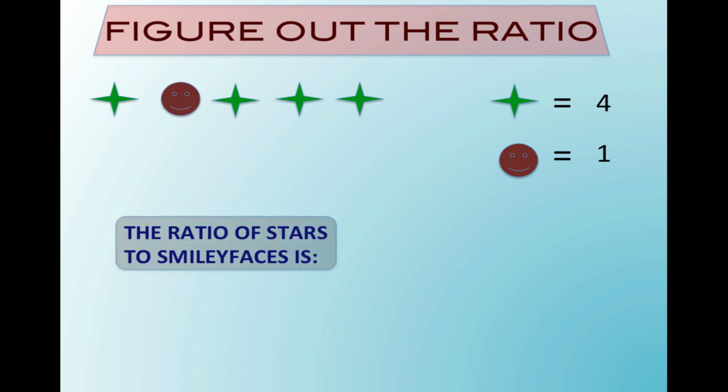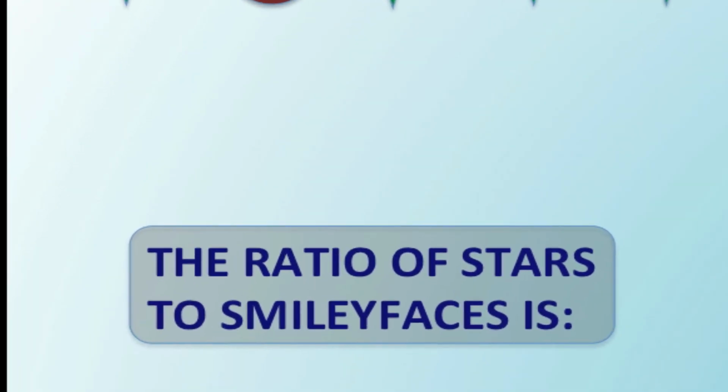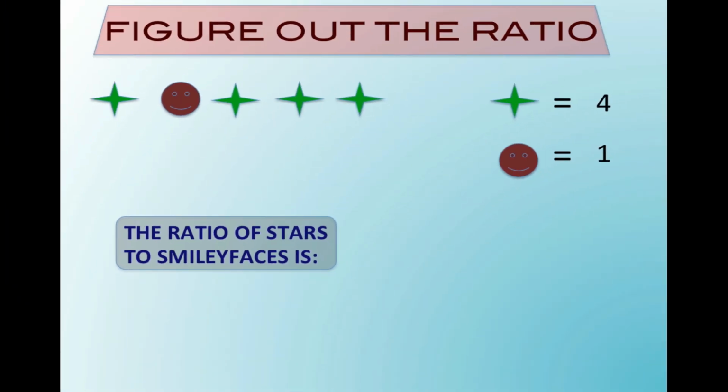Now, the ratio of stars to smiley faces is what? Okay, this is where we have to start to be careful. We have to look back at the question and look for the order that the parts are mentioned in. What did they say first? Now, I'm going to read from the ratio. It says the ratio of stars to smiley faces is blank.